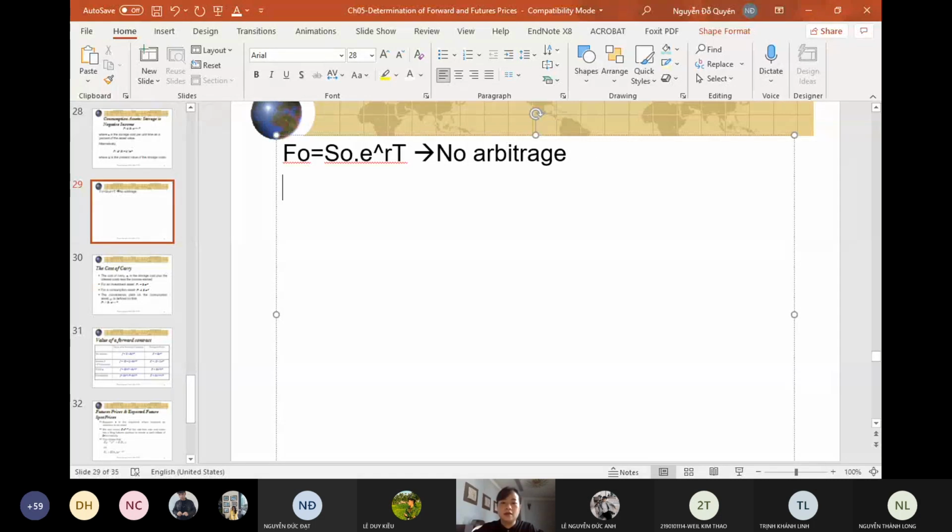So let's take a look at the first case where F0 is more than S0 multiplied by e to the power of rT, and the second case where F0 is less than S0 multiplied by e to the power of rT.